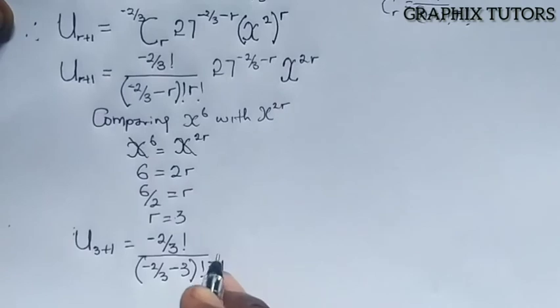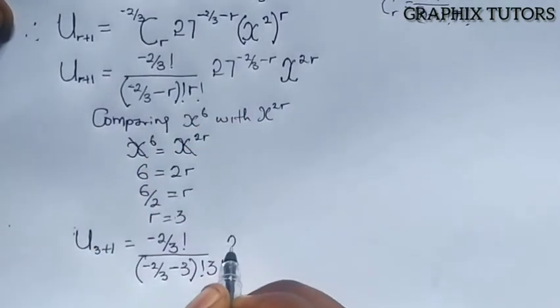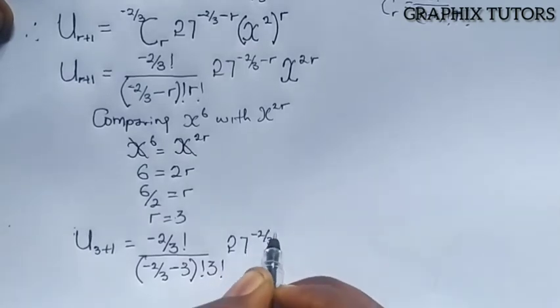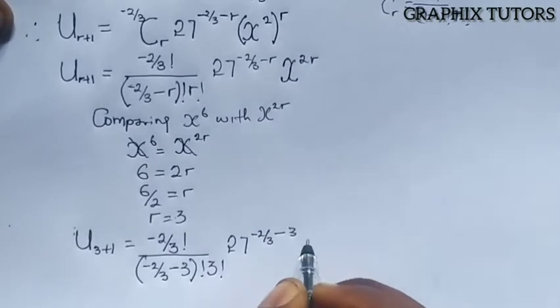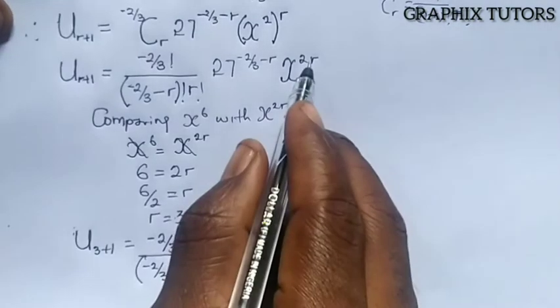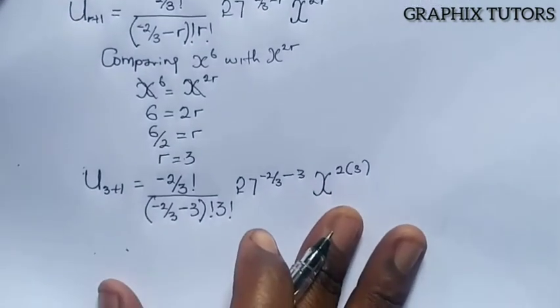Now from here we have 27 to the power of minus 2 over 3 minus what is r? R is 3. Then we have x to the power of 2 brackets 3, because my r is 3.